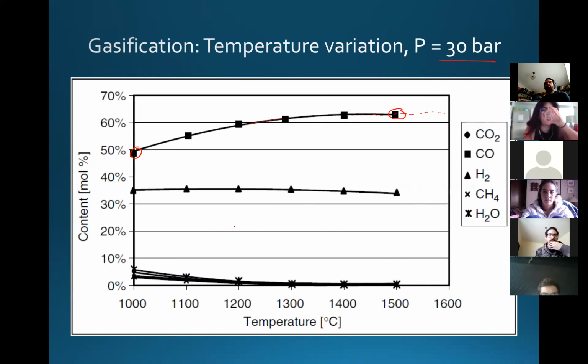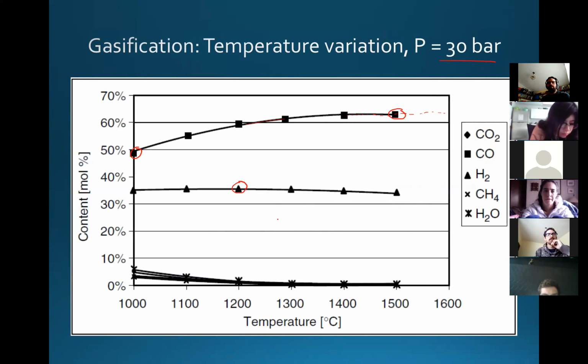And then for the other components, for hydrogen, you have an almost constant plot. Maybe the highest point is this one over here, around 1200 Celsius, but it's not a very high difference.